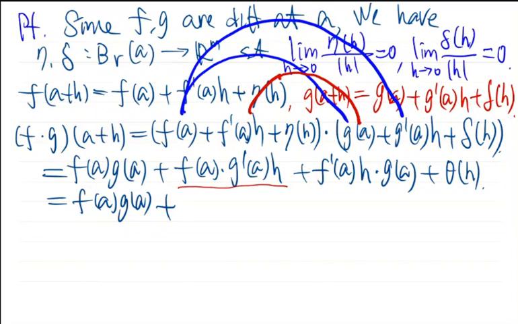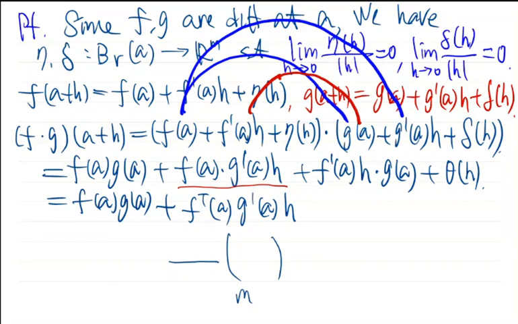So this will be the transpose of f(a) times g'(a)h. What is this? f(a) we consider as a column vector. Its transpose is a row vector. Then g'(a) is an m by n matrix. This is 1 by m. And h is an n-dimensional column vector.